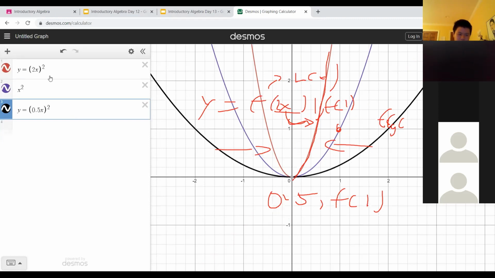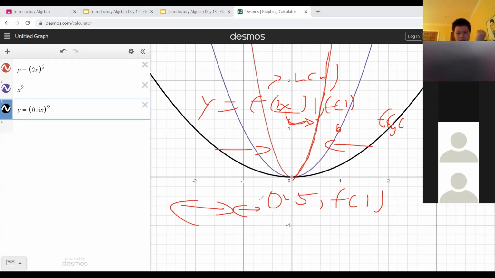So a multiplier above 1 squishes, and any multiplier below 1 shifts it outwards. And by the way, only on the x-axis, which is the x direction, I should say, which is horizontally.